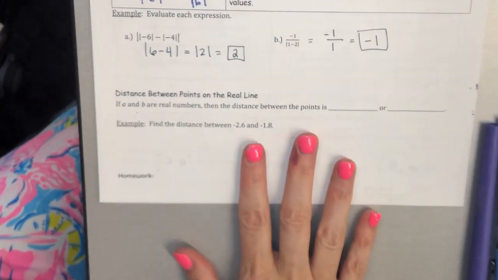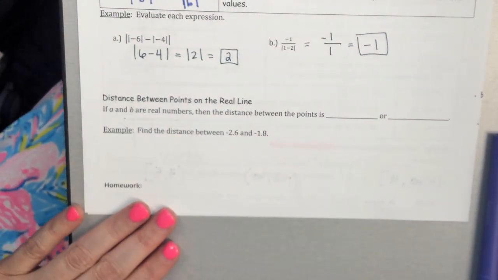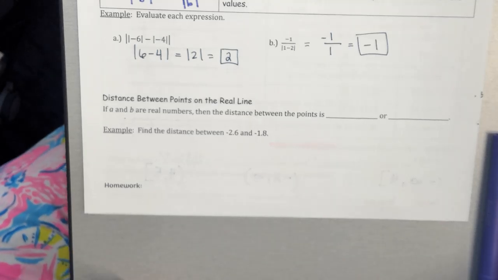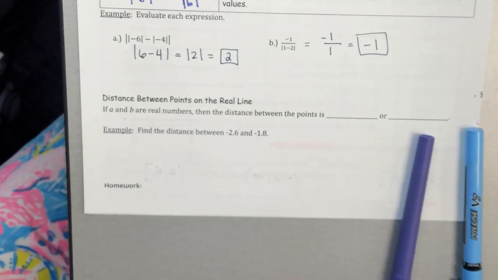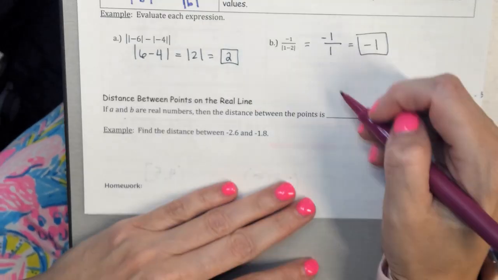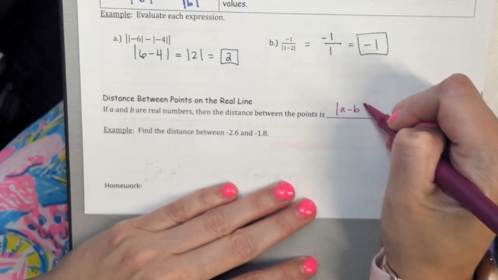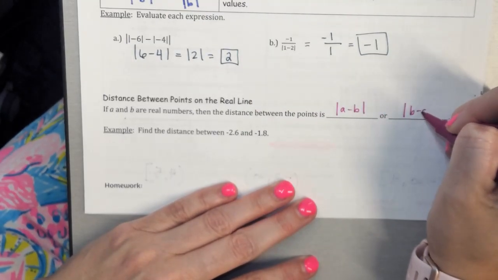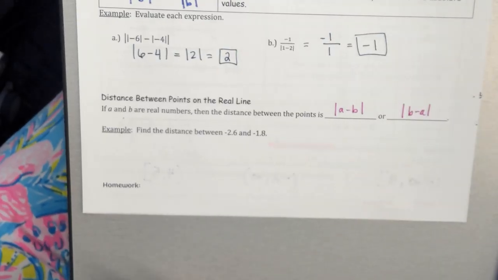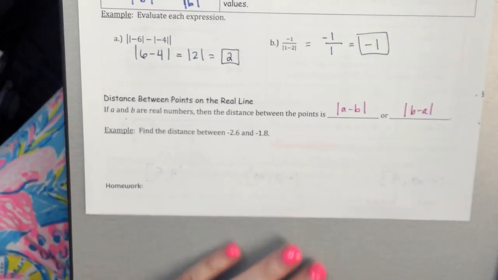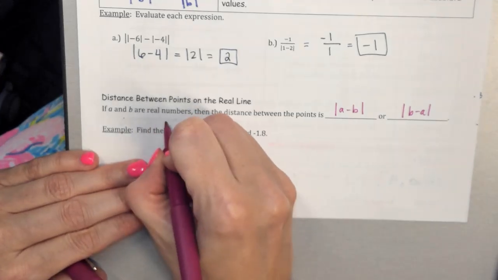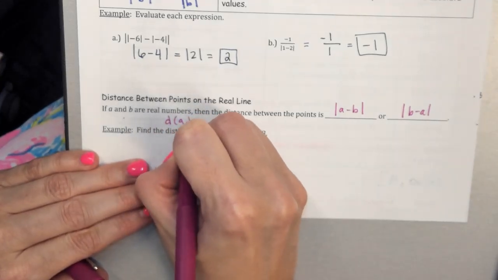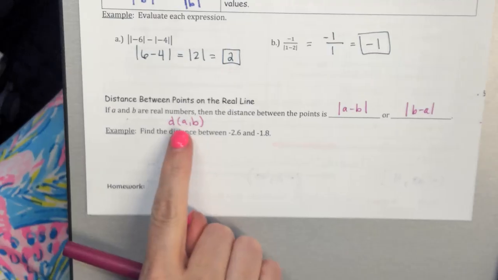Okay, and then the last thing you are going to be asked to do is find the distance between points on a real number line. So the distance, you can either do A minus B and take the absolute value, or B minus A. It does not matter which order you do that in. You also may see, like, find the distance, they might say find the distance like this.